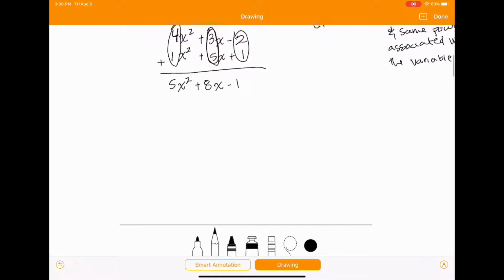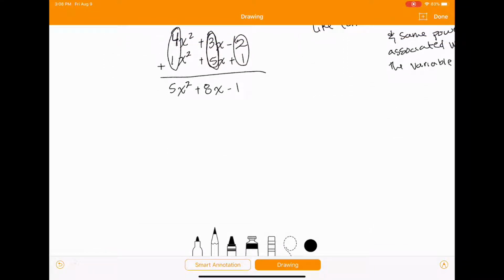Now, you're going to treat subtraction pretty much the same way. So let's say we're trying to do 8x cubed plus 4y minus 3xy plus 4x minus 1. So that's our first polynomial.